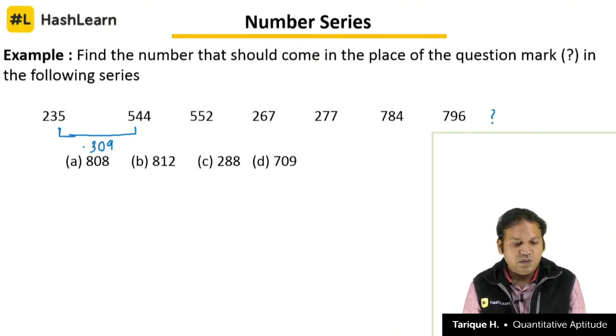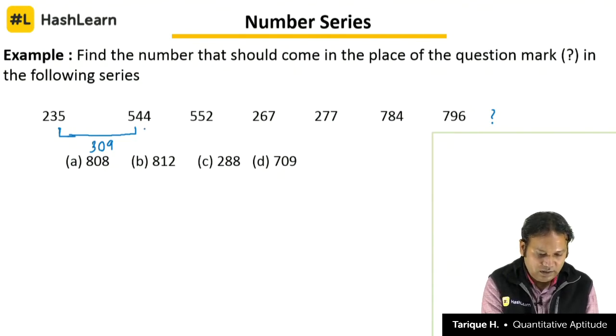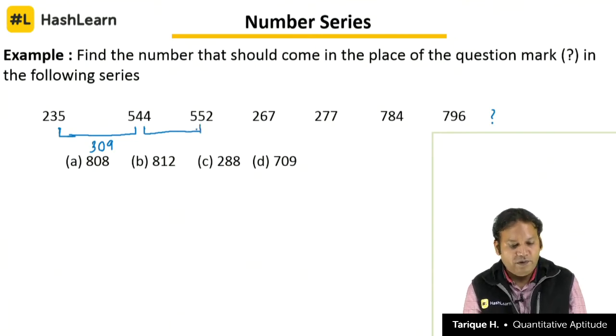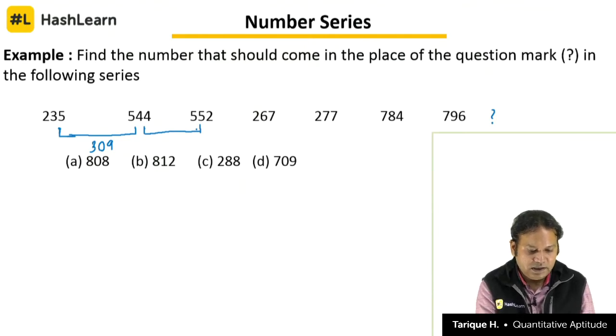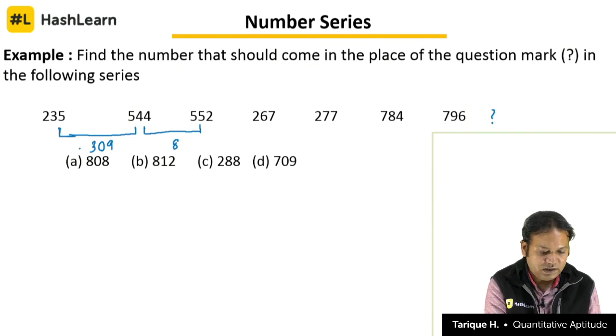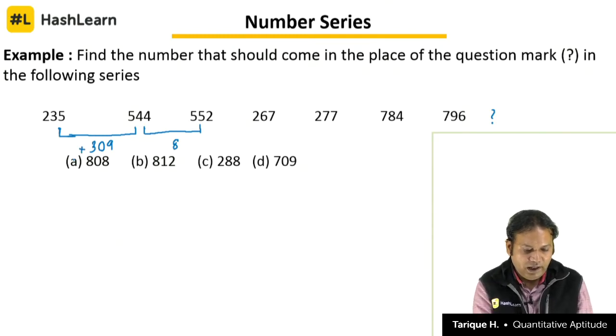So 235 and 544 have a difference of 309. Let's look at the difference of the next two numbers, 544 and 552. The number is increasing by 8. So first we are increasing by 309 and then by 8.